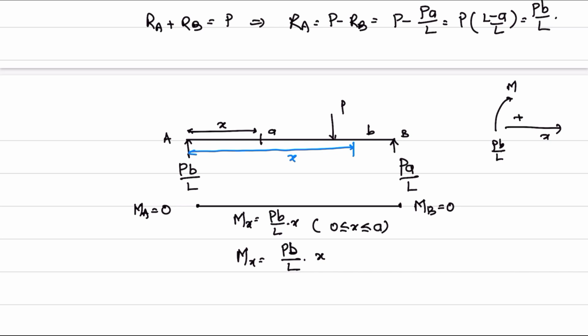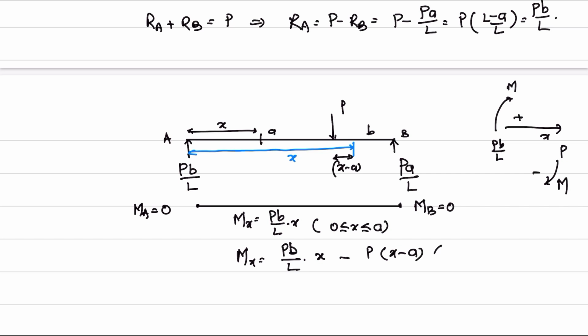P is causing the moment in the negative direction. This is minus. What is the distance? When it is x, this distance is x minus A. That means minus P into (x minus A).